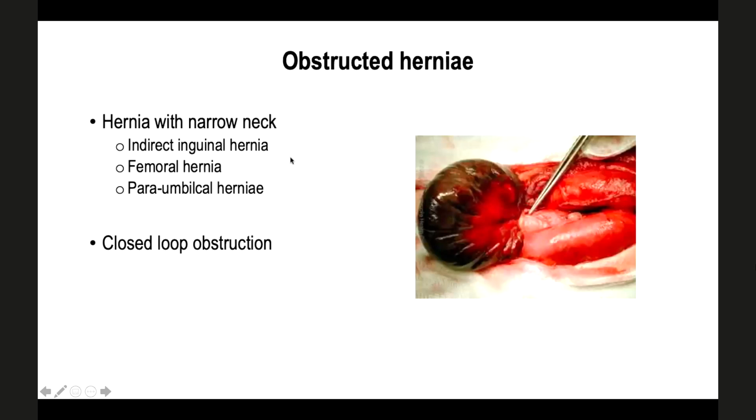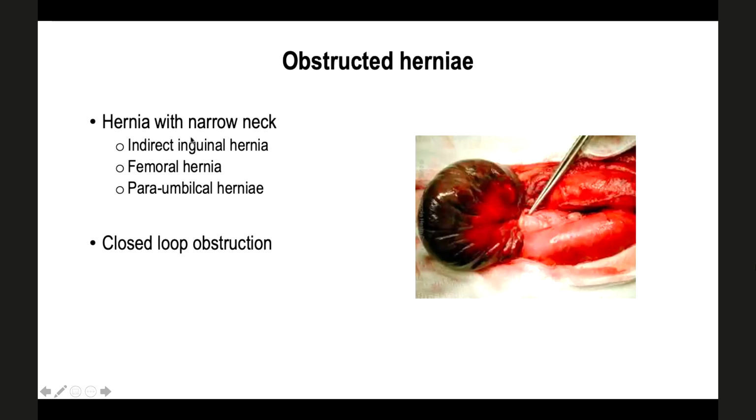This is the other common cause of intestinal obstruction you will see in your surgical wards. That is an obstructed inguinal, femoral, or sometimes paraumbilical hernia. It could be any hernia for that matter, but it is generally a hernia which has got a narrow neck. And this is, as I told you, an example of closed loop obstruction.